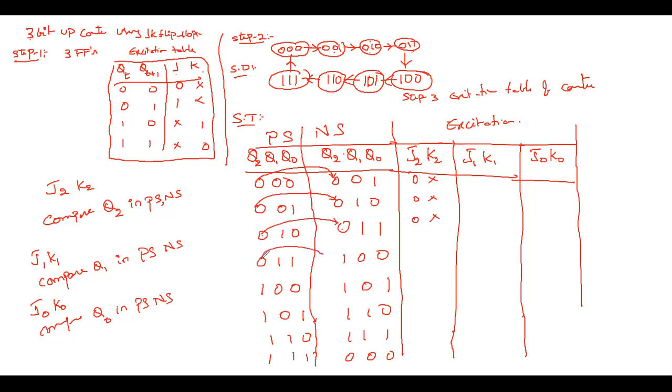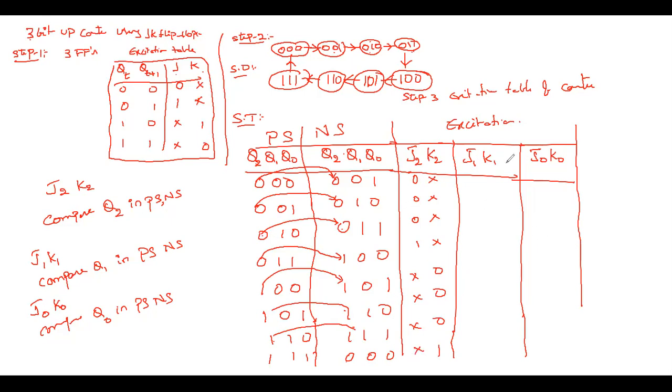Next 0 to 1 means 1, don't care. Next 1 to 1, don't care 0. Next 1 to 1, don't care 0. 1 to 1, don't care 0. Next 1 to 0 means don't care 1.